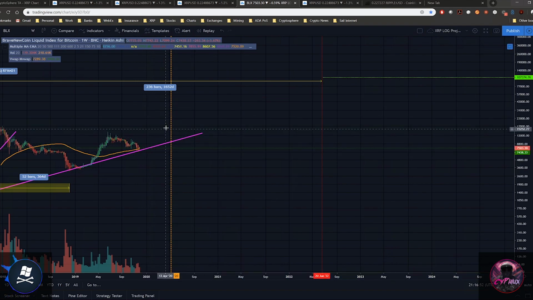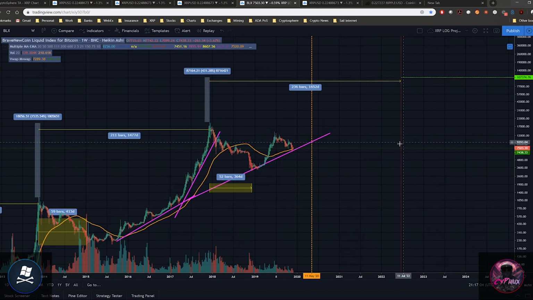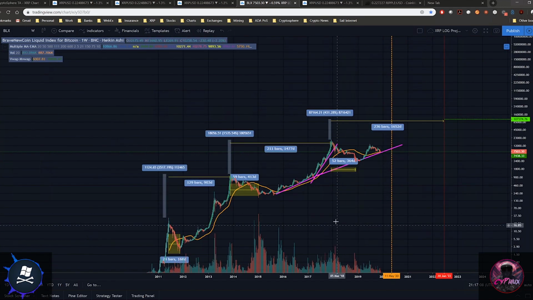It is suggested we run up, we come back down, and then this Q3 2020 move comes about. How high, I don't know, but we can draw our conclusions of what that might look like.